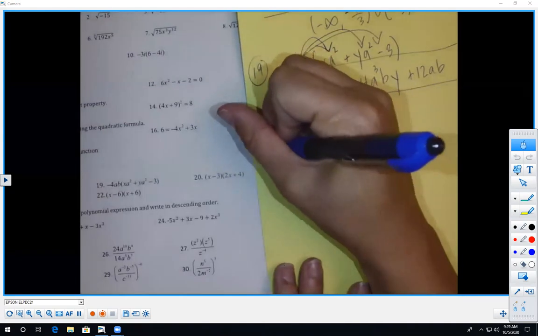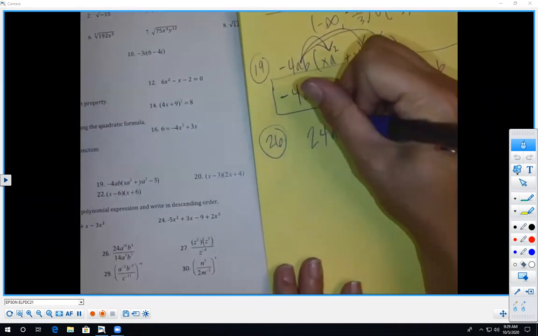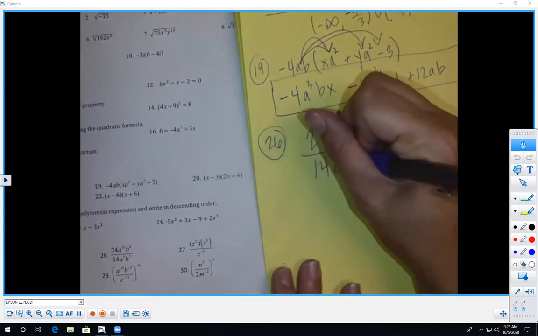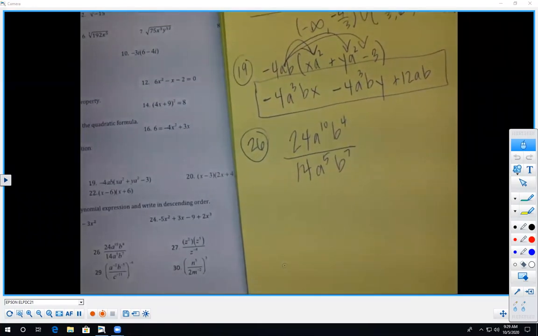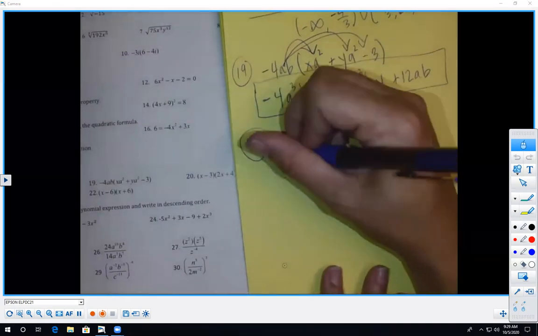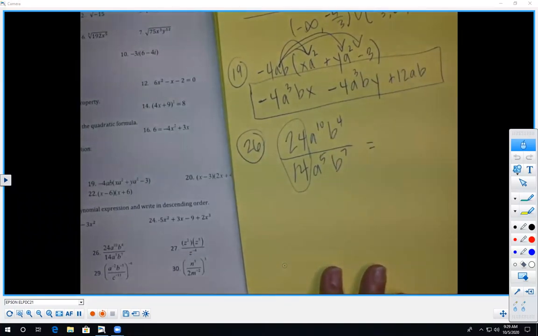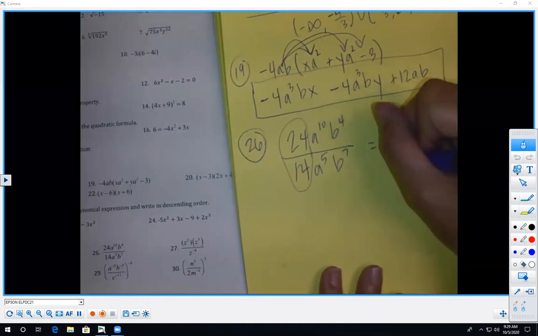Look at number 26. 26 is 24 a to the 10th, b to the 4th, over 14 a to the 5th, b to the 7th. Okay, so 24 and 14, that reduces to 12 over 7, right? 12 on top and 7 on bottom.